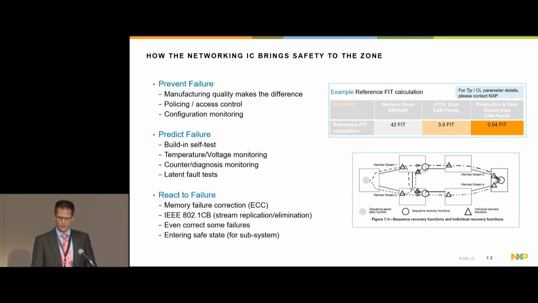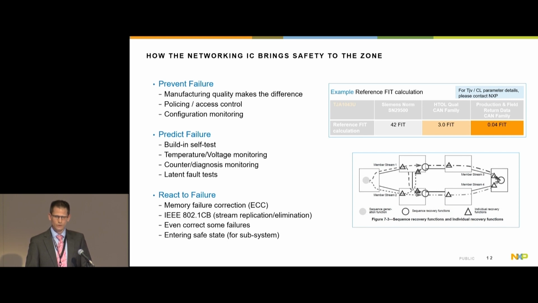When you look into what you can reach by qualification process, you see that the qualification failure rate based on data you have from the qualification is already much lower than what you take for calculating the risk.